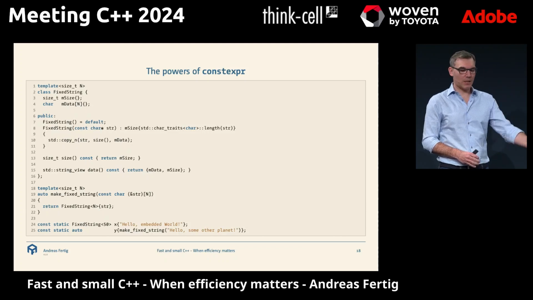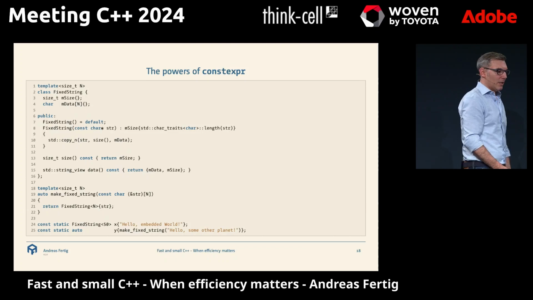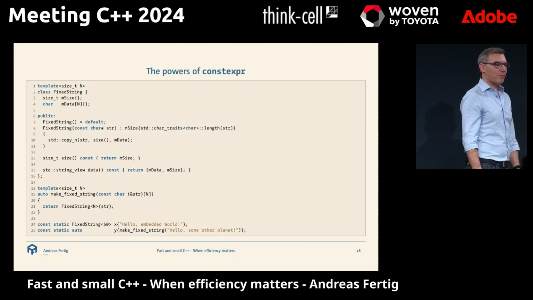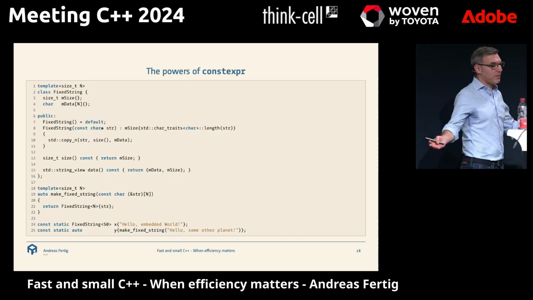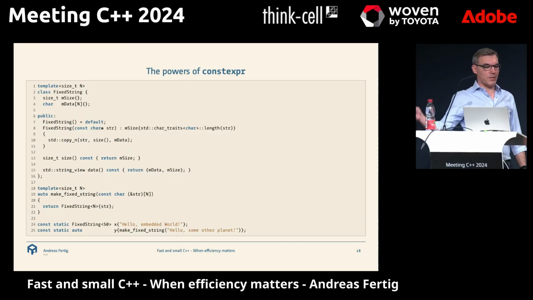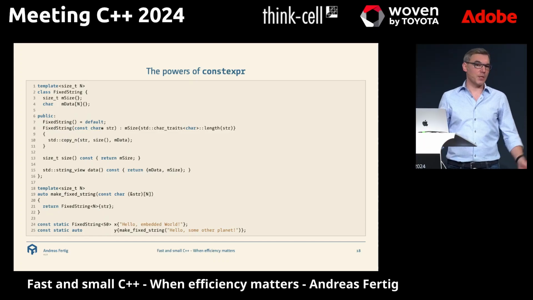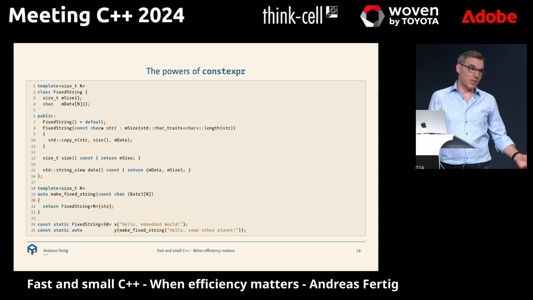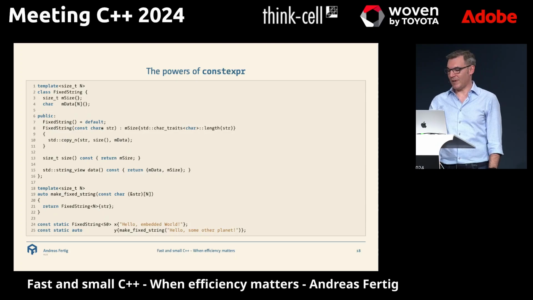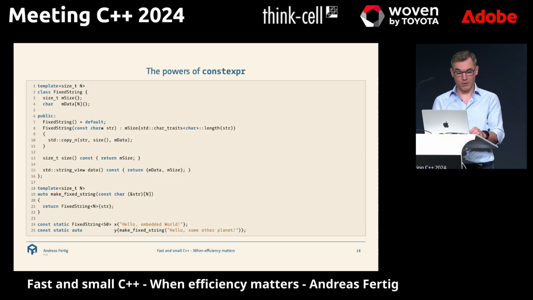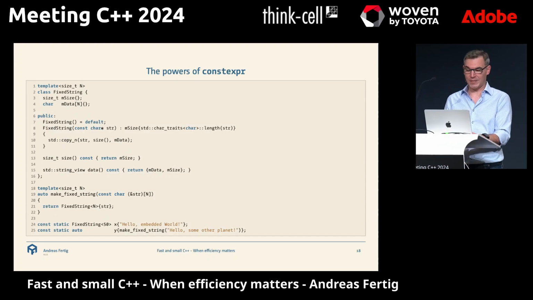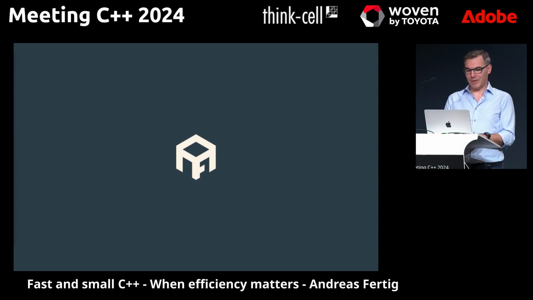So I saw that and I told them, well, why not make fixed string constexpr? And the response I got is, it will not help. The objects are already const, they are already static. What will constexpr do for me? Since I was on their budget, it was a fight to convince them that I need maybe 30 minutes to make that thing constexpr, and let's have a look at the effects, right? So I finally succeeded.